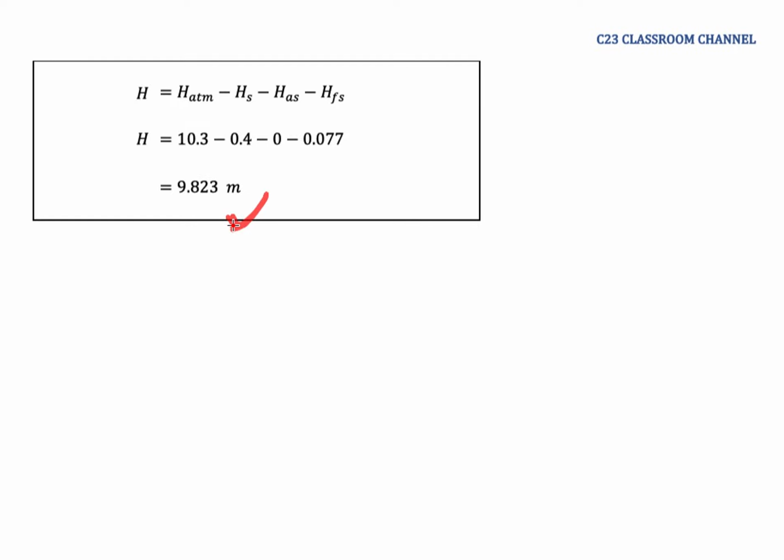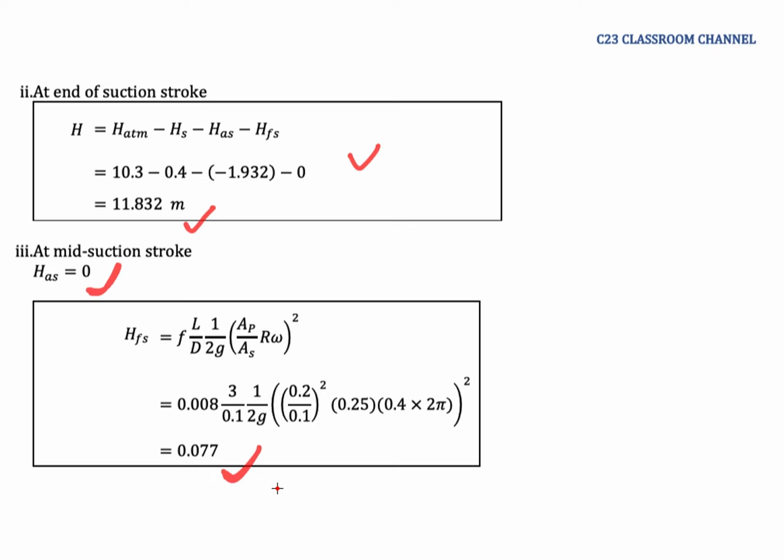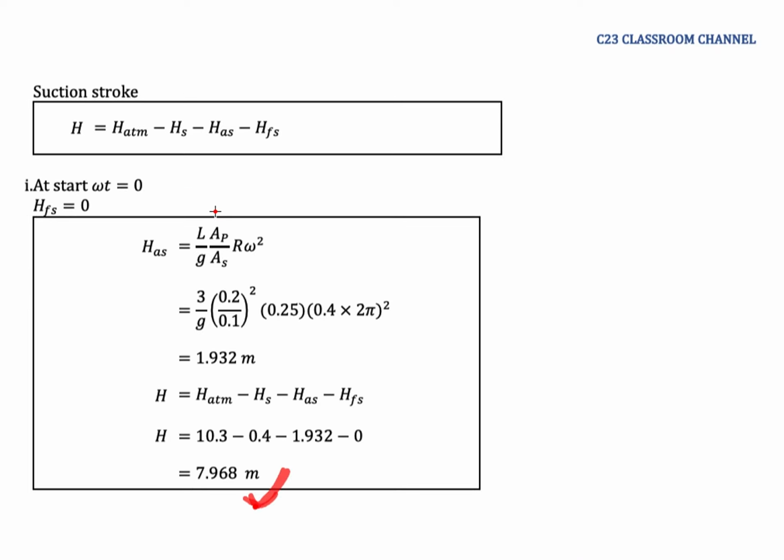Here again you could see that at the beginning it is 7.968 meter. Please be careful, because you will find that the value at the end is higher compared to the value at the start. This is because it is the absolute pressure, so the lower the value of the pressure head, the higher the suction strength.